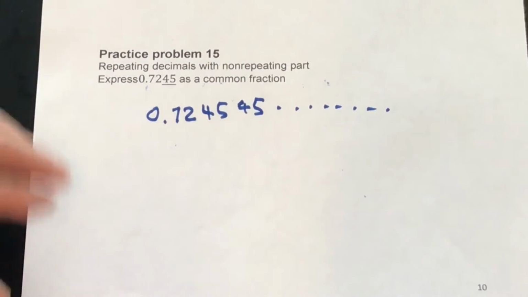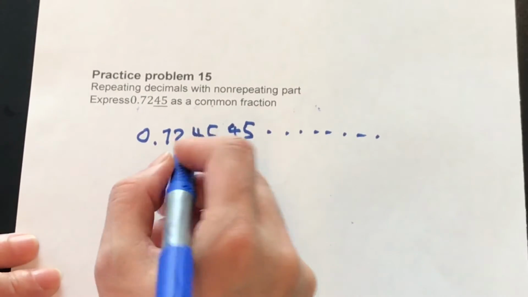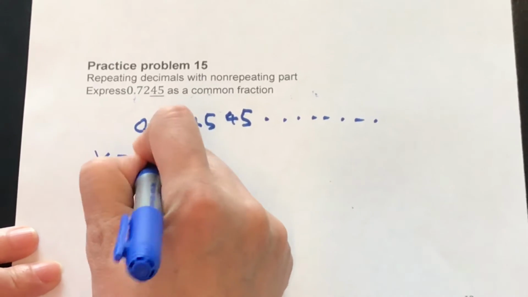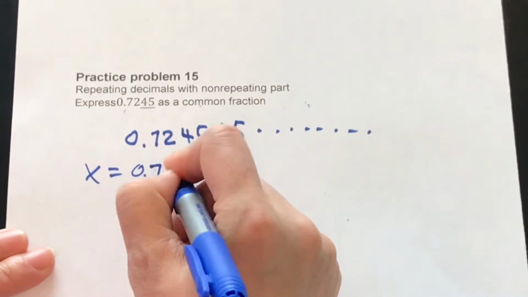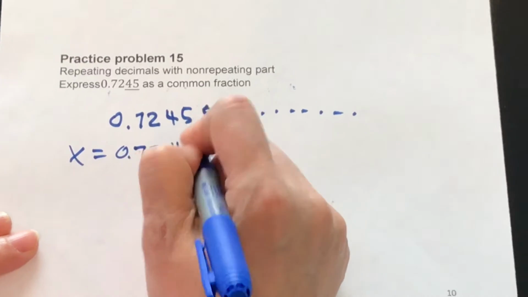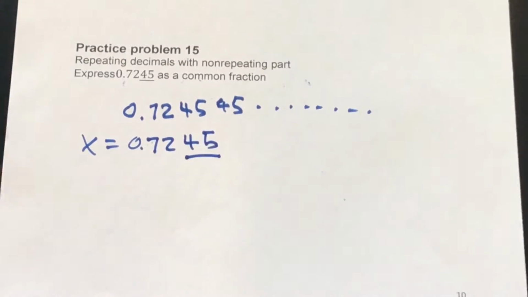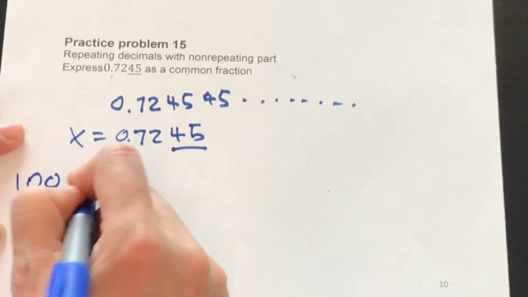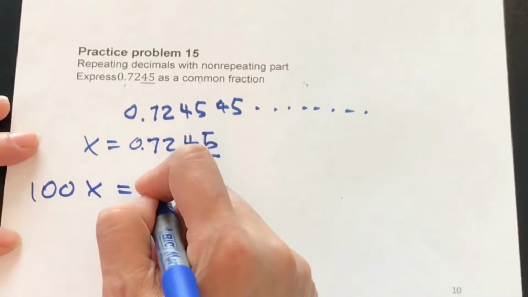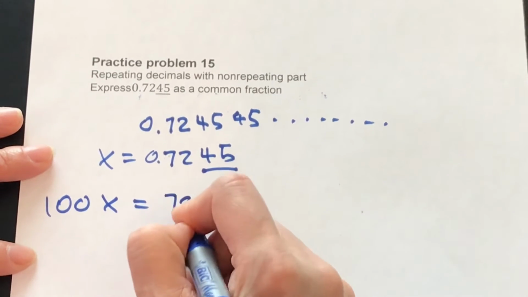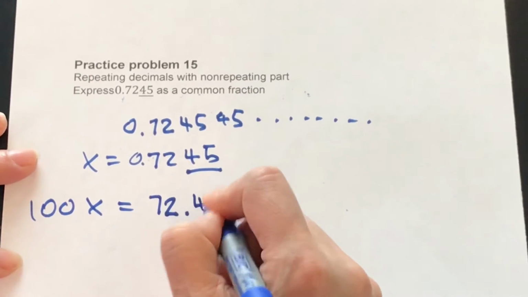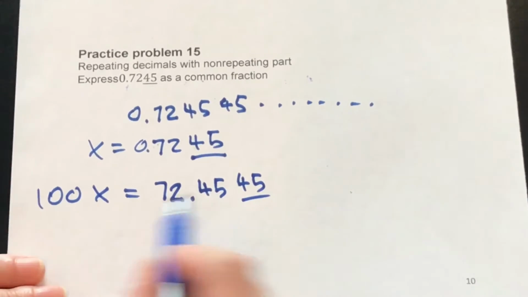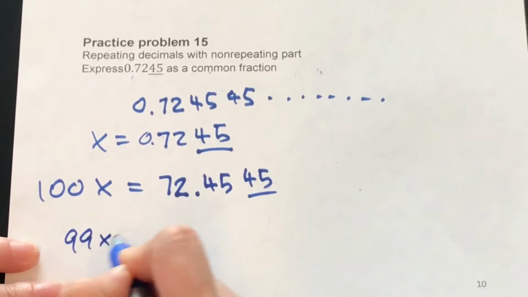In this case, we can have x equals 0.7245 repeating, and because we have two numbers repeating, we need to do 100x. 100x is 72.4545. Okay, so now we subtract the two as we did before.